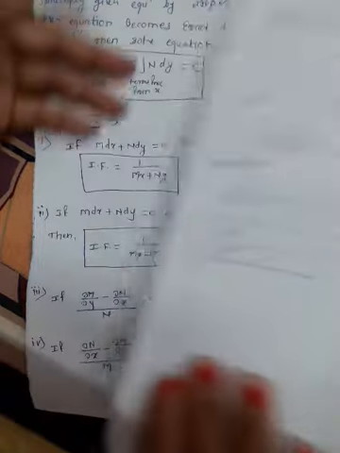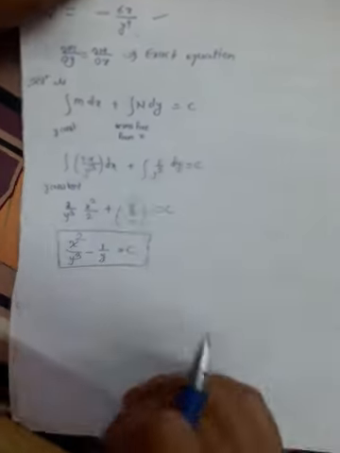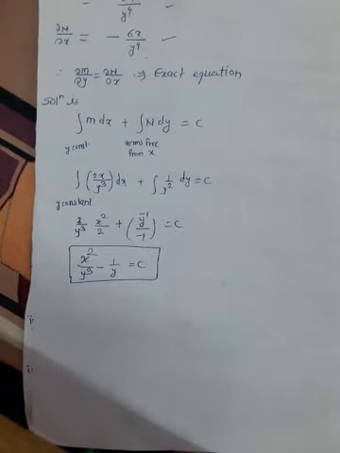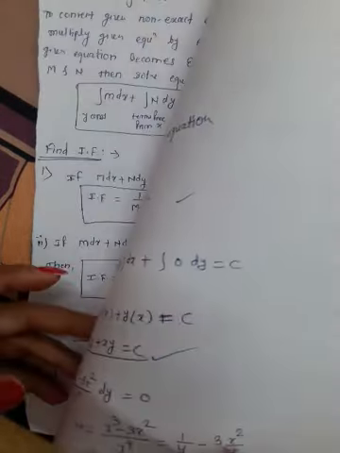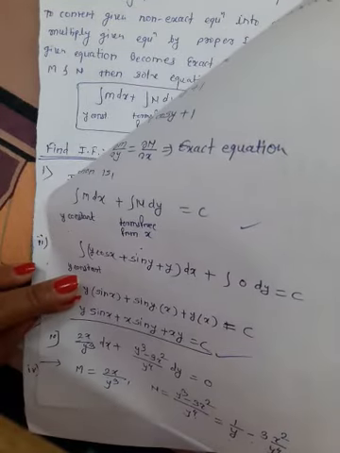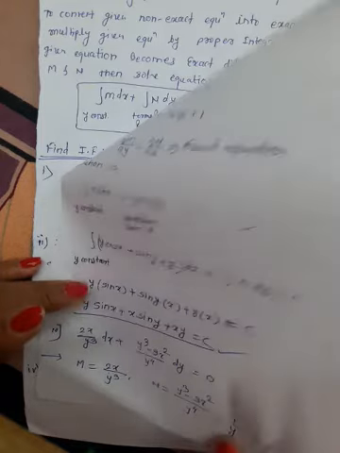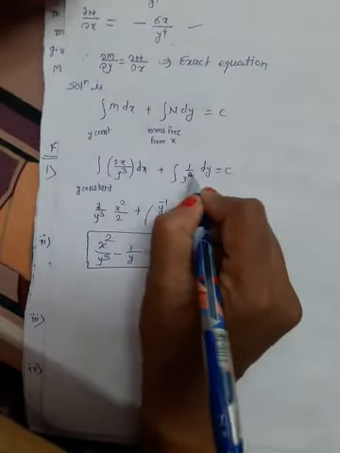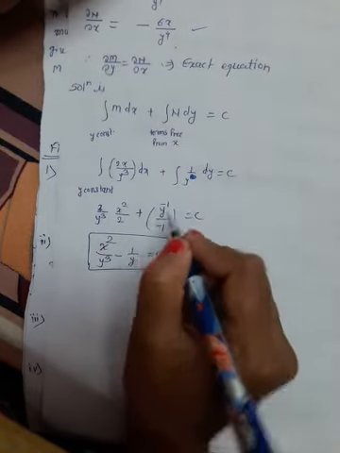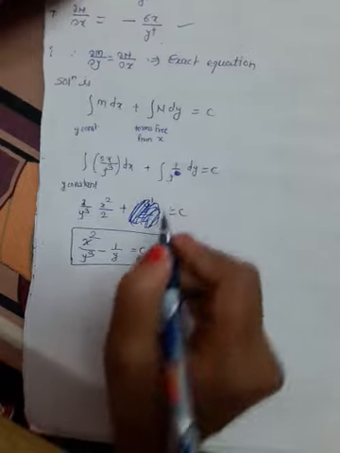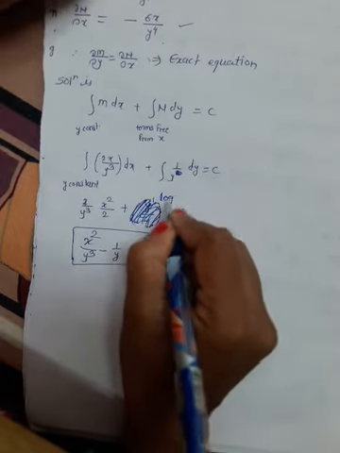That's why 1 upon y should be there in N. It's not y square, it's only y. Therefore, log y is the answer for the integral of 1 by y.